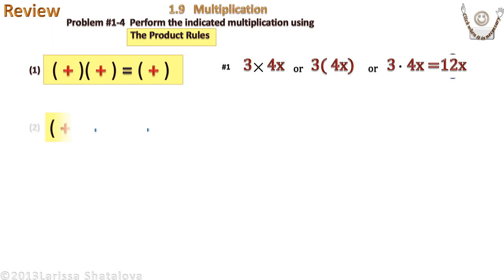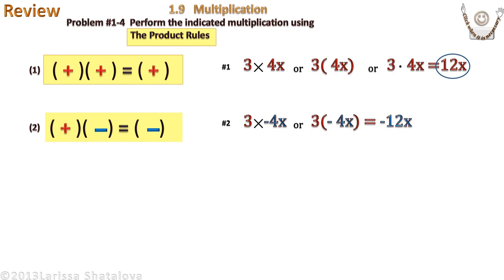Rule number 2: positive times negative results in negative. 3 times -4x, or 3 times (-4x) using parentheses. The result would be negative, and then 3 times 4 is 12, and we keep x.